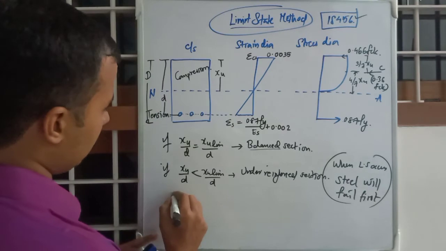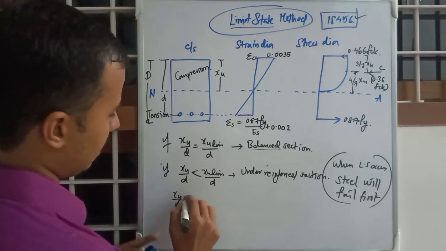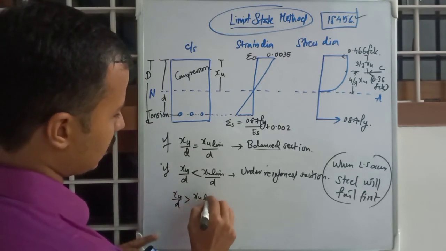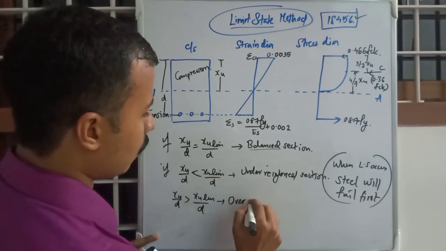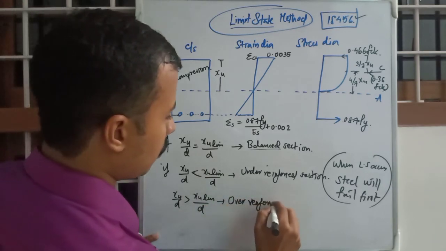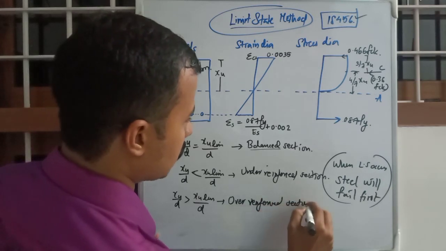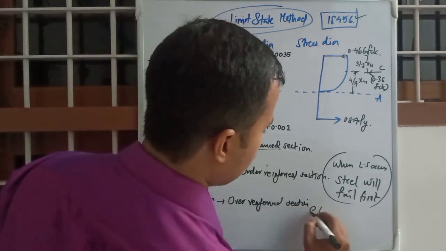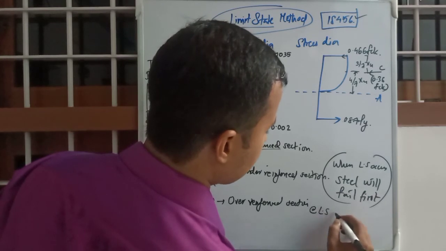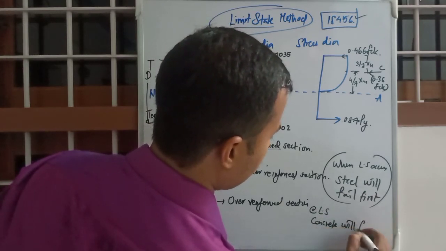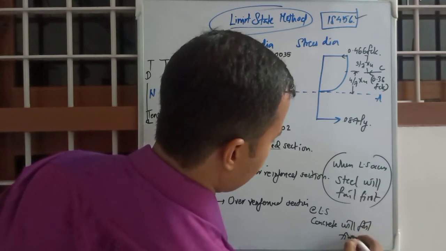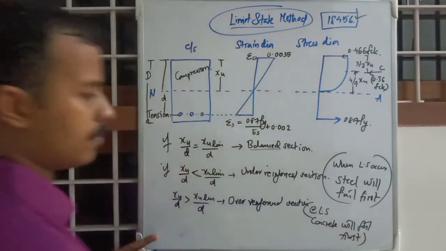And the last one, if Xu by d is greater than Xu limit by d, then it is called an over reinforced section. At limit state, concrete will fail first.